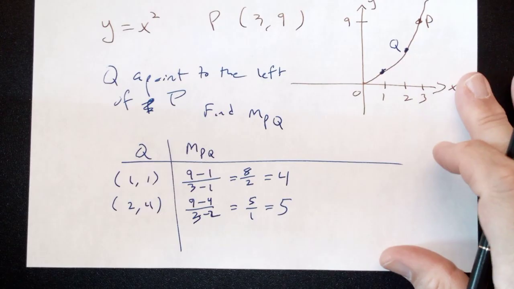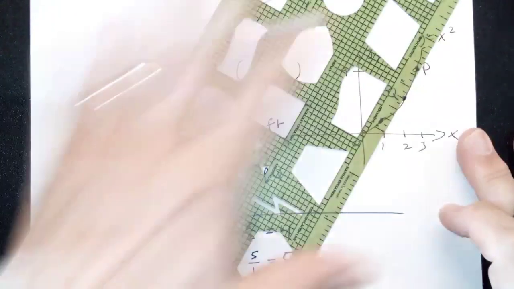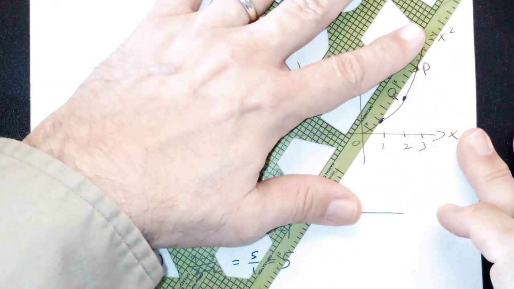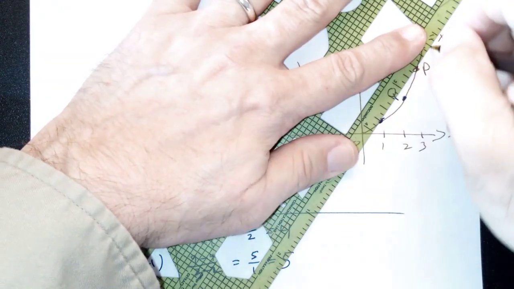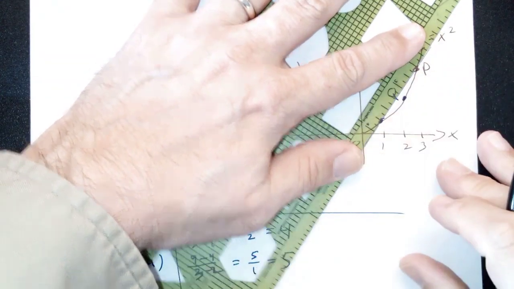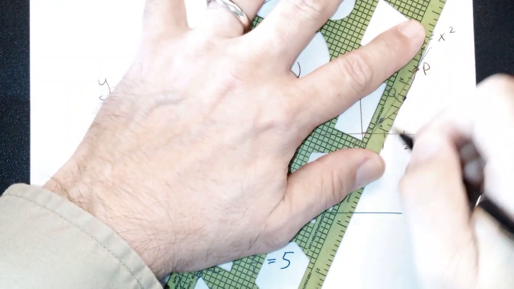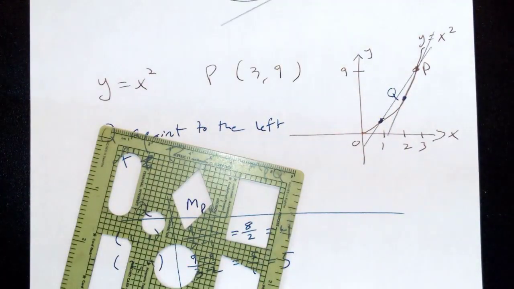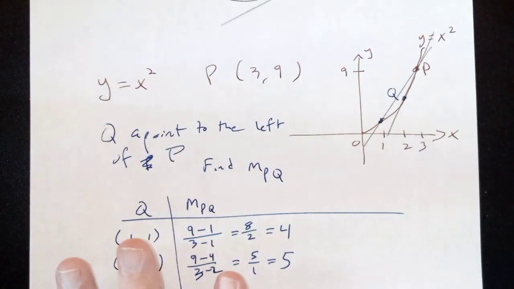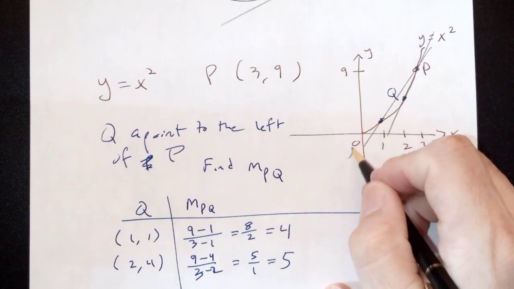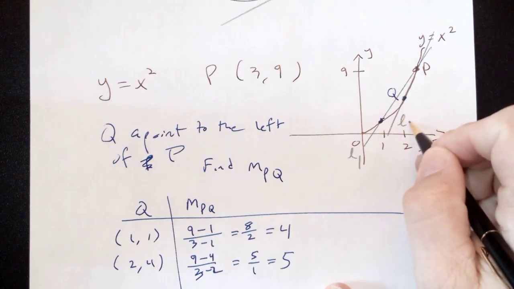So I slide back up here to my picture, lay down my ruler, go from 3, 9 to 1, 1, go from 3, 9 to 2, 4. Here are my two different lines. This one was line 1, this one was line 2.